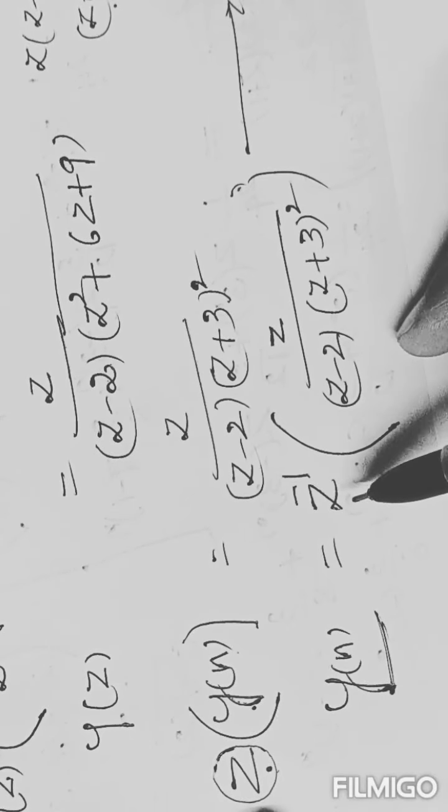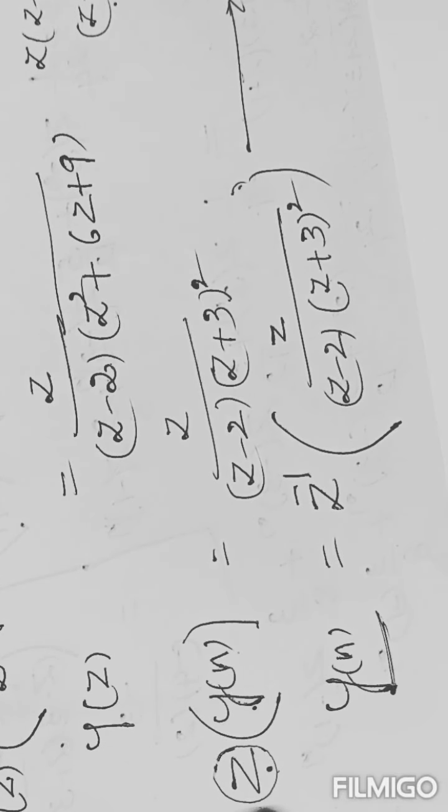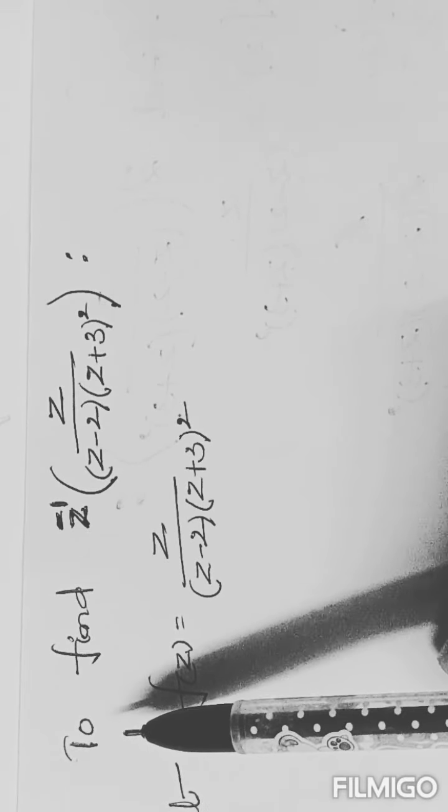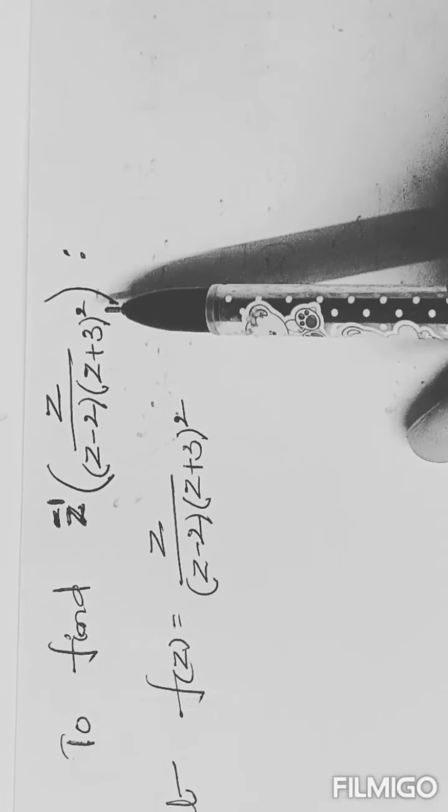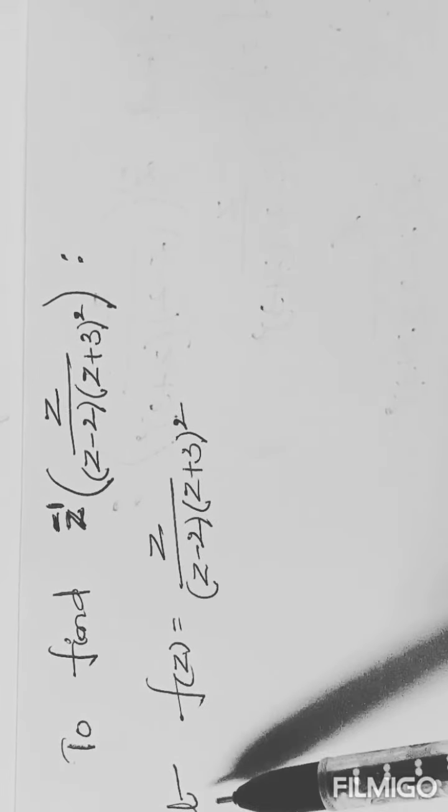First we find the inverse Z transform of this one, and that is called the solution of the given difference equation. Here we have to find Z inverse of z by z minus 2 into z plus 3 whole square. Here the function is defined in terms of z, so its name can be taken as F(z) equal to z by z minus 2 into z plus 3 whole square.